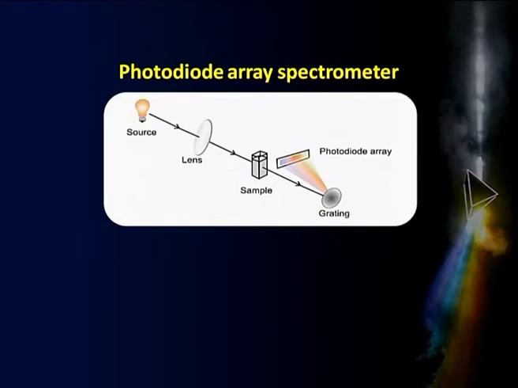Now, the third one, which is even more in demand nowadays, is the photo array spectrometer. In this case the setup changes in the sense that you have a source, and thereafter through a lens we make this polychromatic radiation, because it is a polychromatic source, pass through the lens and fall on the sample.